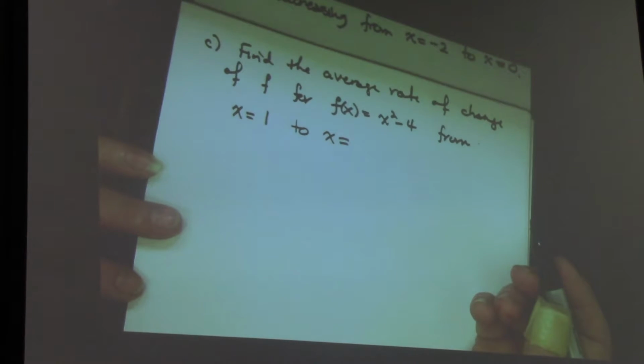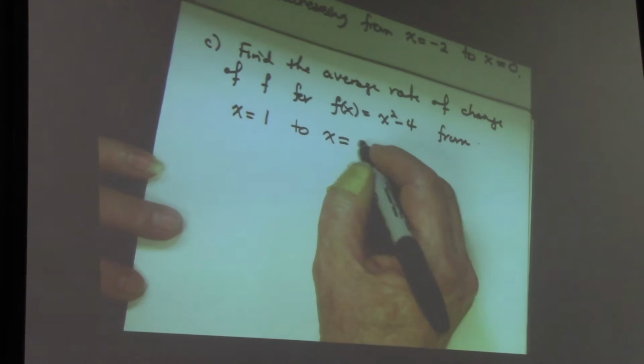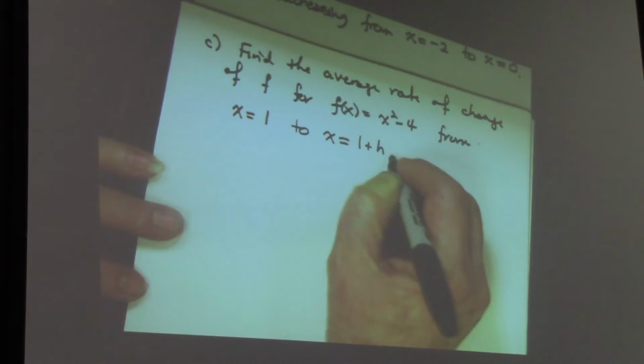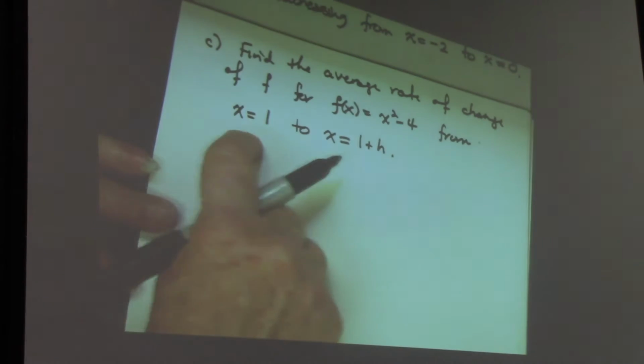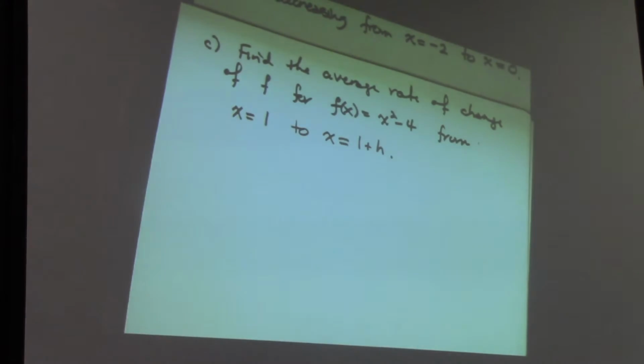Maybe 2, maybe 1.5, maybe 1.1. Who knows? Why don't I just say to 1 plus h? So x equals 1 to x equals 1 plus h. Who knows what h is?